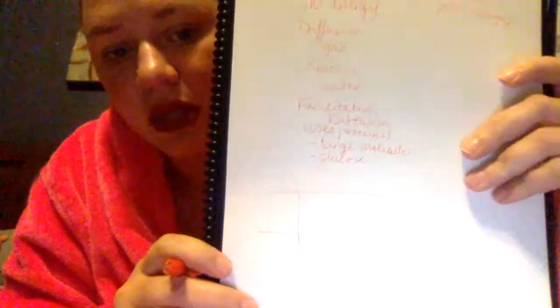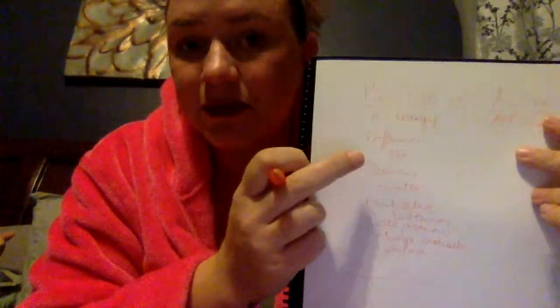The only thing that can diffuse that way without any kind of help of a protein is gas, such as CO2 and oxygen, right? The other kind of passive transport would be for water, and we call that osmosis. So again, water is going to move from one side to the other.